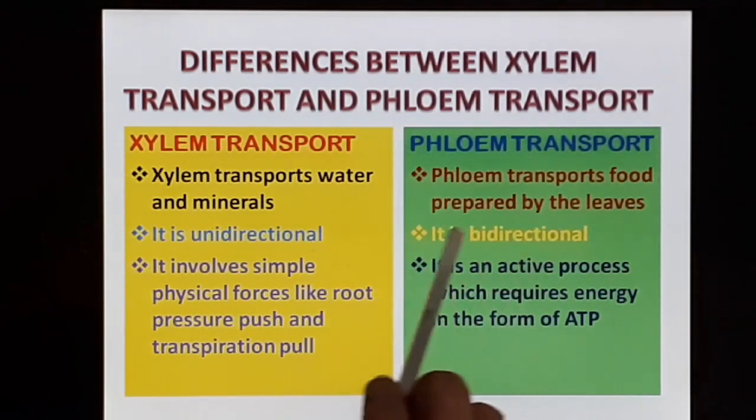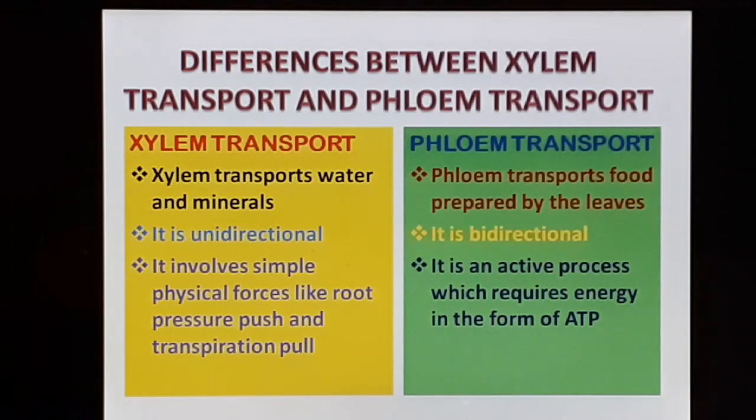But phloem transport is bidirectional. That is, in some conditions it moves from the leaves to different parts of the plant body, sometimes to the storage organs, and during unfavorable conditions, from the storage organs to the growing parts of the plant body also. Hence, phloem transport takes place in all directions and is called bidirectional.